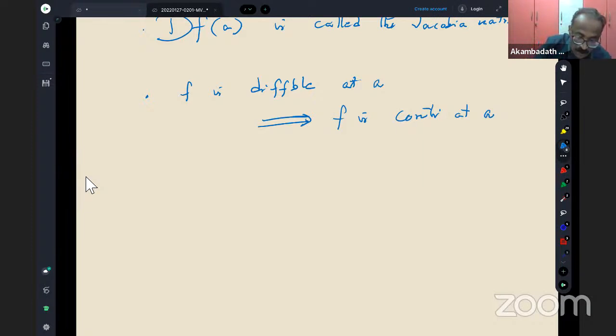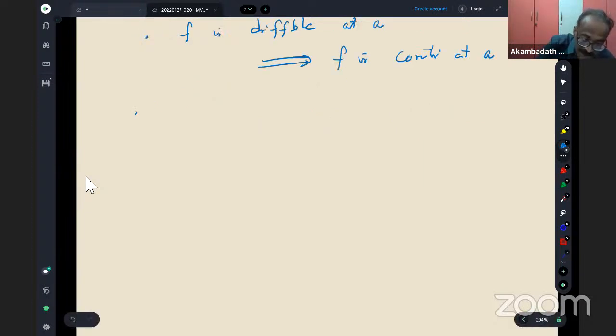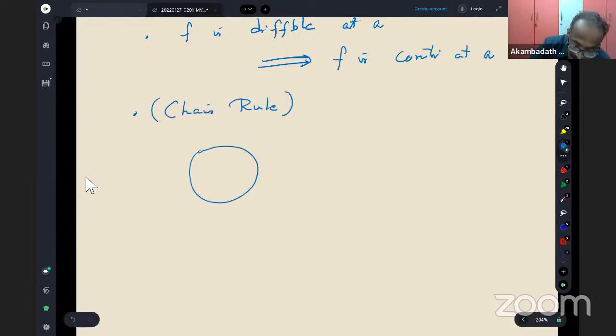Okay, and you can also have your chain rule. As I said, chain rule is always important. Chain rule, integration by parts are all crucial things like that. So chain rule is similar. So you have a mapping G here from S, maybe an open set in Rn, and that is going to a set in Rm.